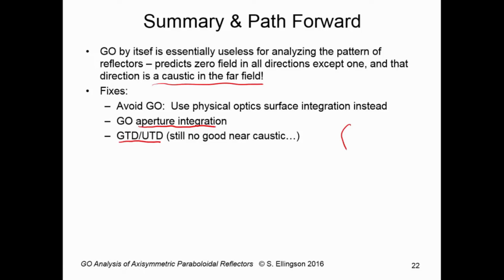So if we use GTD, for example, we can get fields out here, we can get a back lobe, and so on. However, it will not fix this problem that we can't figure out what the main lobe looks like accurately. GTD and UTD still have this problem because neither one of them works well near caustics. However, these other two techniques are horrible for figuring out what's going on in the back lobe and the side lobes, far out side lobes.